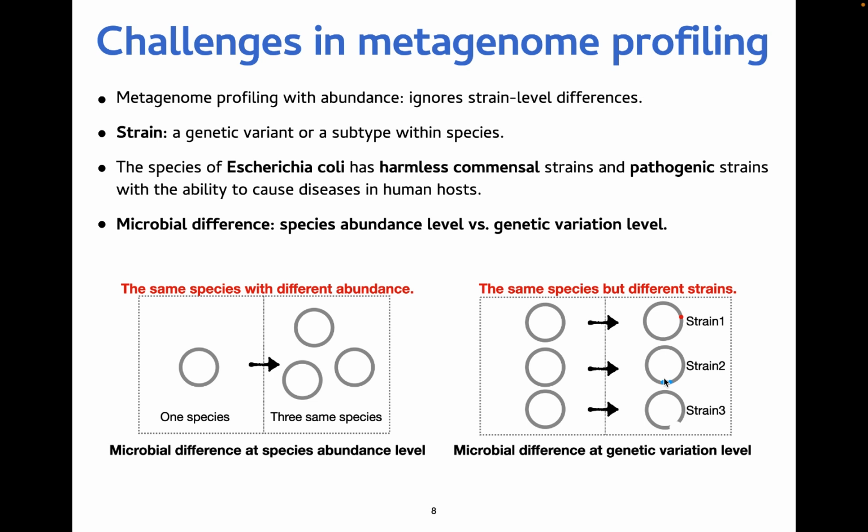That is to say, they are the same species but different strains. This is a microbial difference at the genetic variation level. So in MWAS, if we only consider the species abundance for association analysis, we'll miss information from microbial genetic variations.